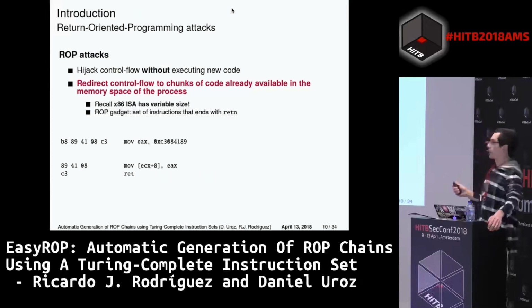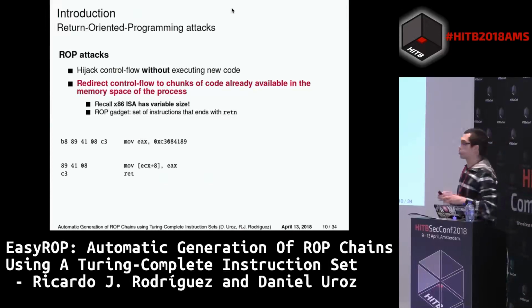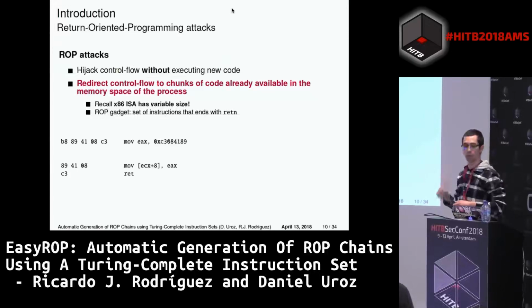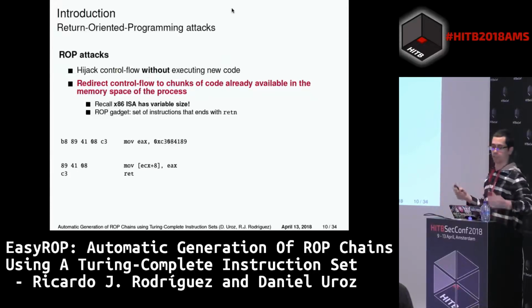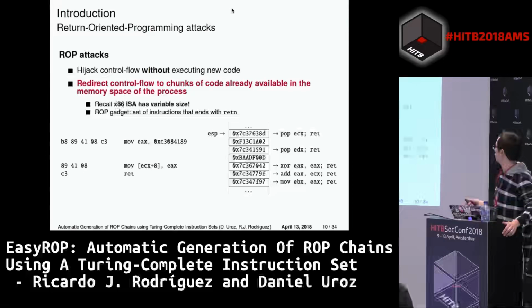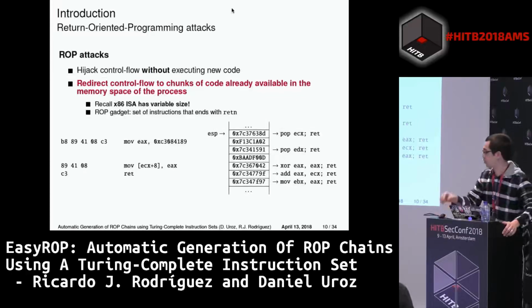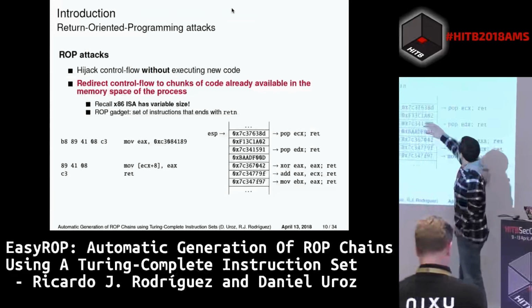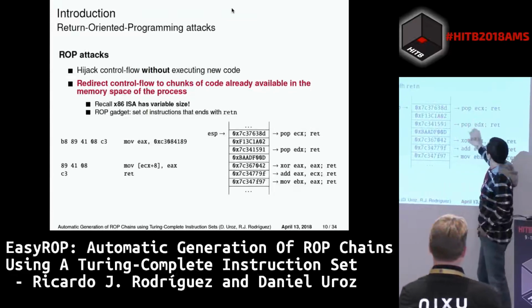So what an attacker can do is just to mix all these ROP gadgets in order to form a ROP chain, okay, which is a set of these ROP gadgets, in order to do the computation that he wants. For instance, I have here an example. Imagine that I have in this address these instructions, okay?